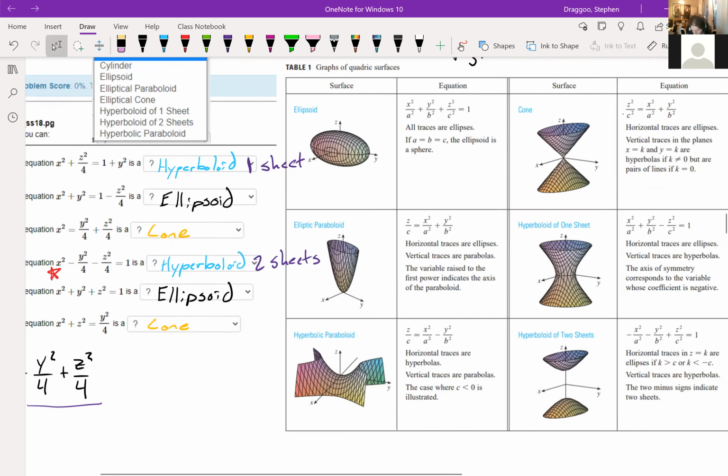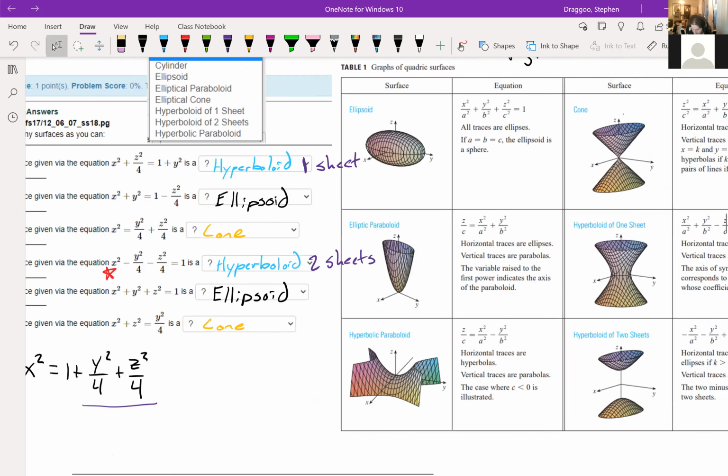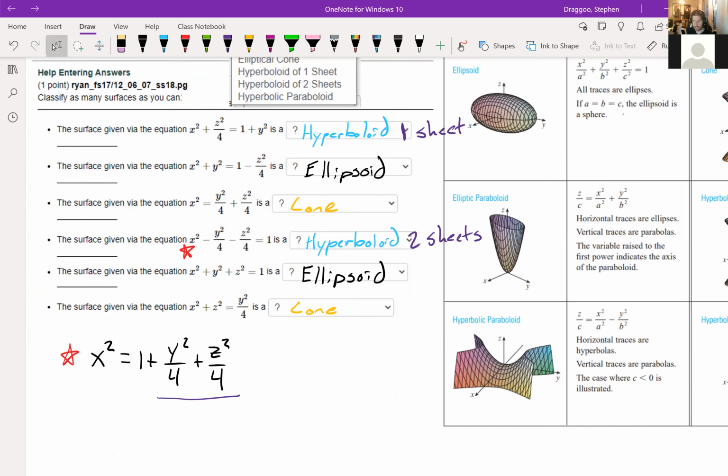One thing worth talking about, just so we can get an idea of what's going on with these cones, because there is a bit of a system to how it all works. There's one side of the equal sign that has one positive term, and the other side has two positive terms, and that will tell us something about the shape of the cone.